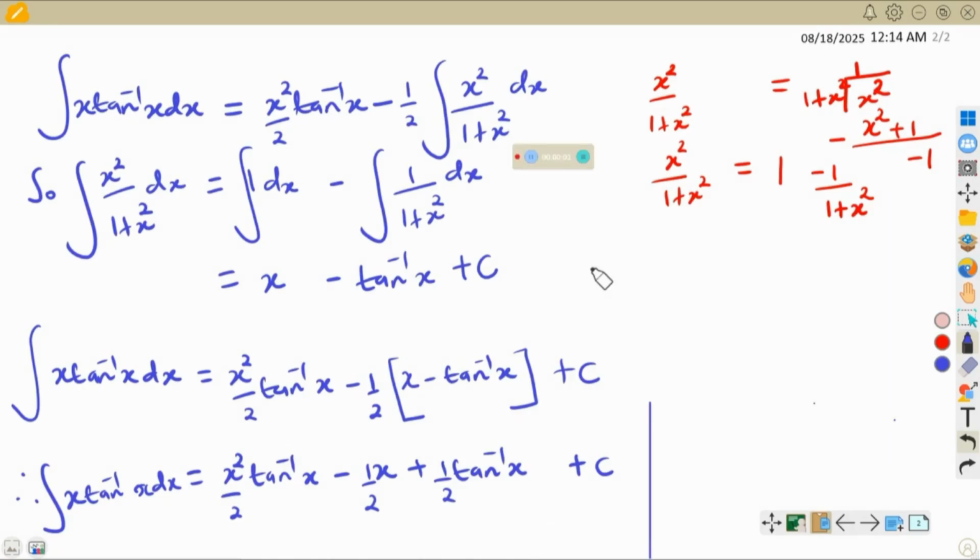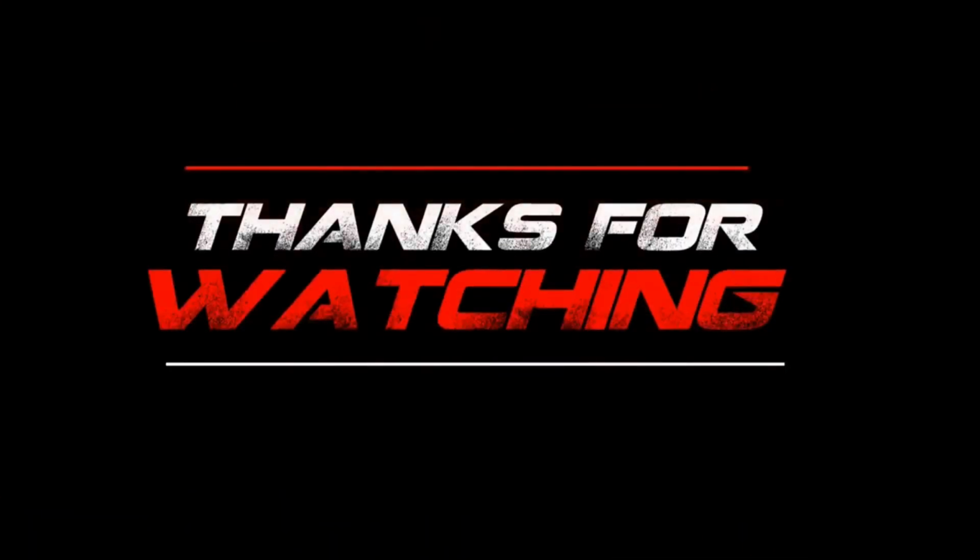However, this can be simplified further, grouping like terms, to x squared plus 1 divided by 2 times tan inverse x, minus a half x, plus c. So the integral of x tan inverse x dx will be equal to this expression.